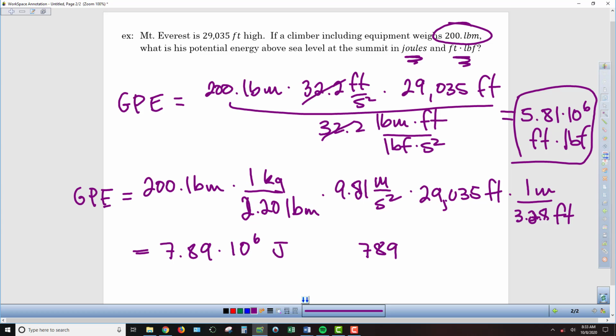Since that's 7,890,000 joules, we can say that that's 7.89 megajoules would be the answer in that case. Mega is the prefix for a million, so we've got 7.89 megajoules. We'll talk more about those types of prefixes in further units that we'll do later in the year. So for now, just putting an answer in terms of joules would be just fine.